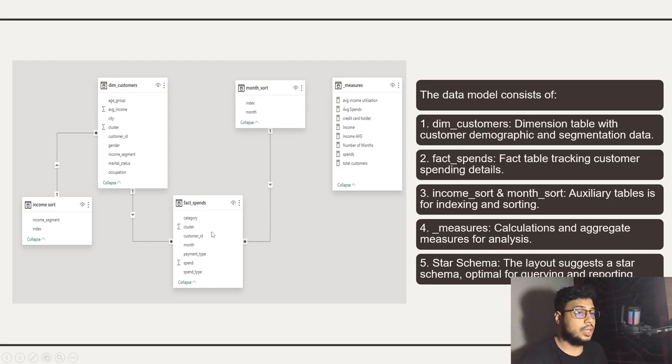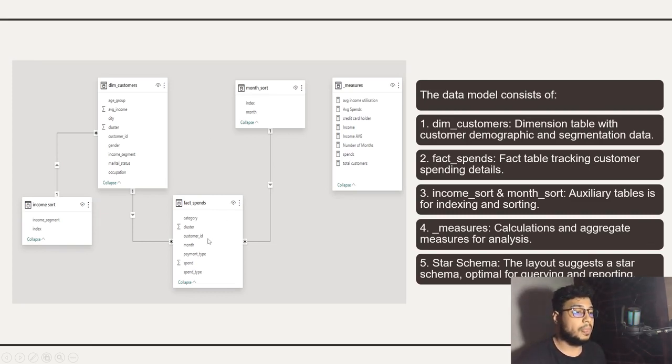I also added some extra tables for sorting. The income segment is not sorted, as you saw that cluster 0 was middle to upper middle and cluster 2 was lower to middle. So we have to manually add a dimension table to sort the income segment.